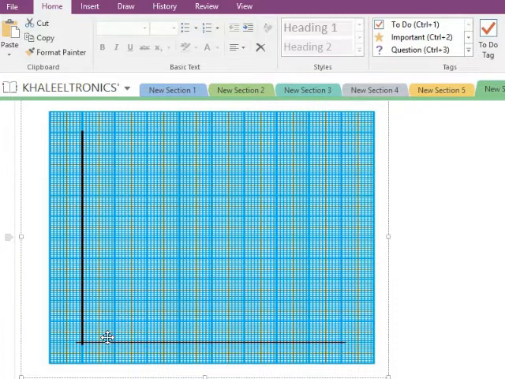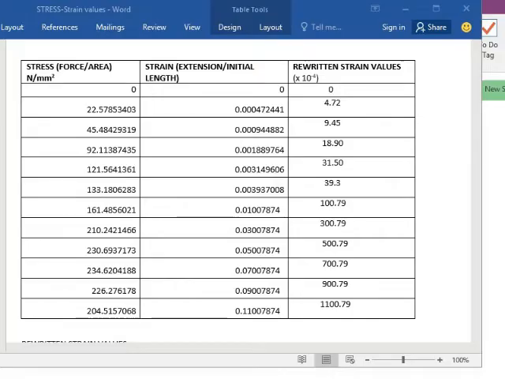So now that we have our graph paper and we have our axis, how do we actually select the best scale for a graph? Now to do that, you have to consider your values. Now this is a set of values for a stress strain graph.